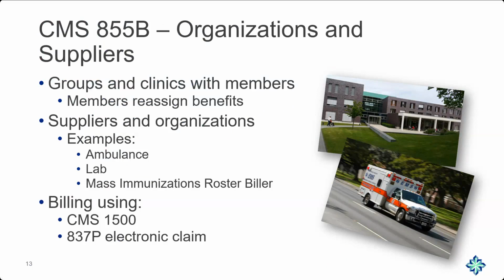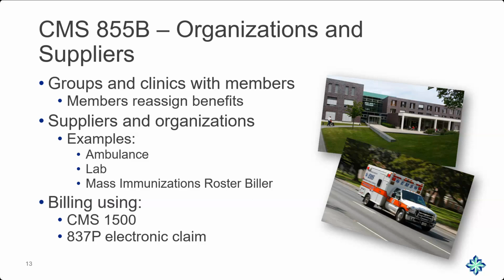So if you have a group or a clinic with members, say you have a medical practice, ABC medical practice, and they have 15 physicians, non-physicians that work for them. This is your typical clinic. They're going to enroll the clinic itself through the 855B, but in order to set up a clinic, we need at least one provider that's reassigning benefits if they're telling us they're that group clinic setup.